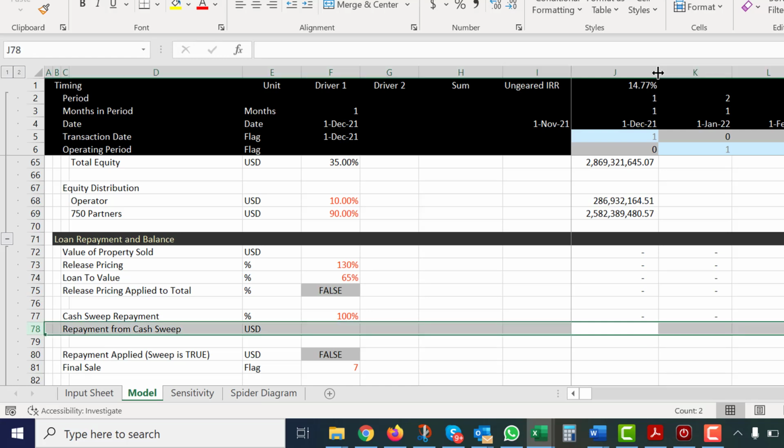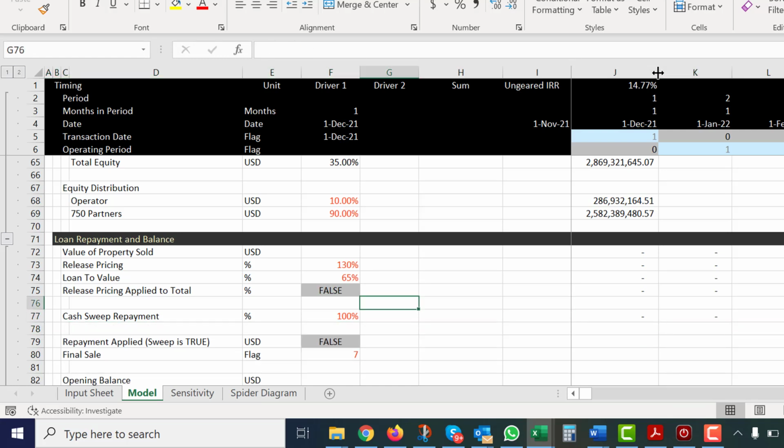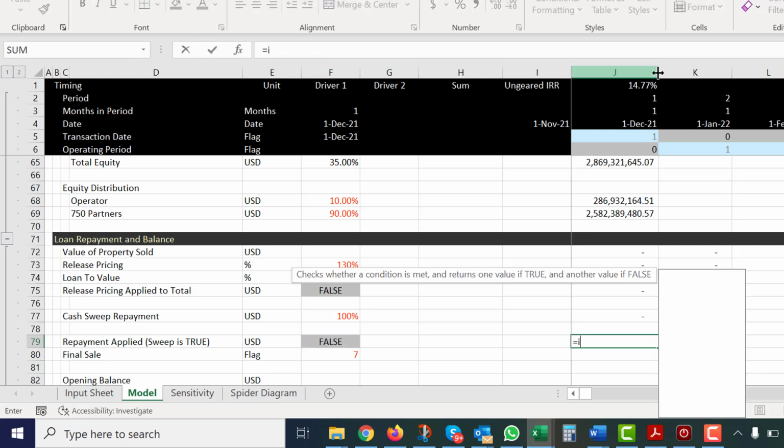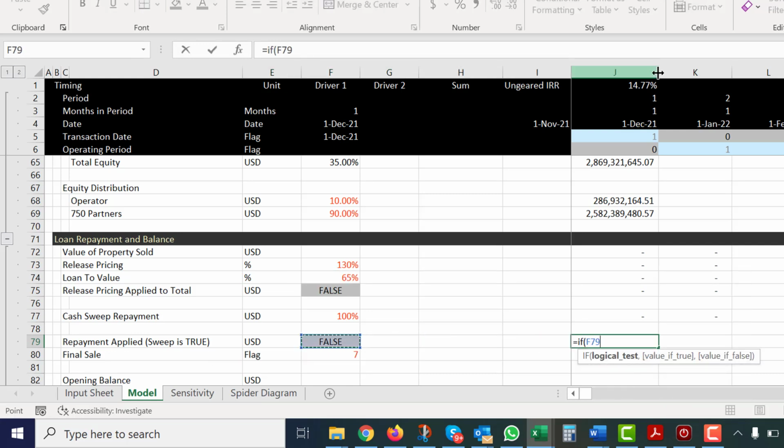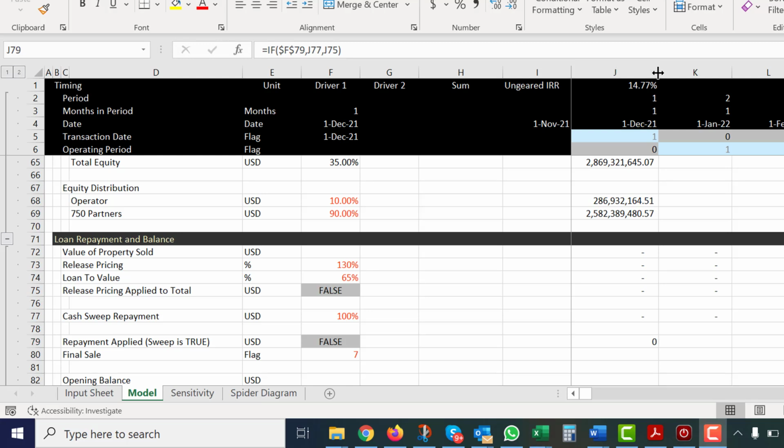And of course, I don't need this, and I should have put this as USD, and this should have been USD. Okay, and then our repayment is an if statement, and we have to remember what's true. The sweep is true, and the other one, the release payment, is false. We do that one. Okay, and we get all of our stuff.